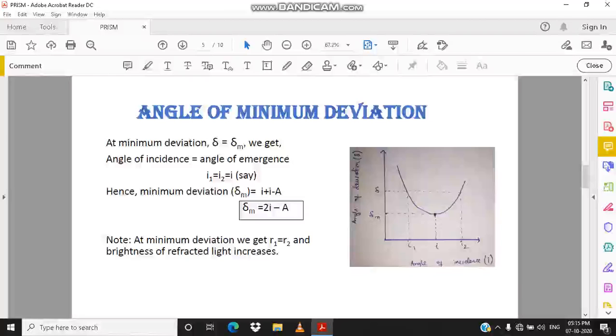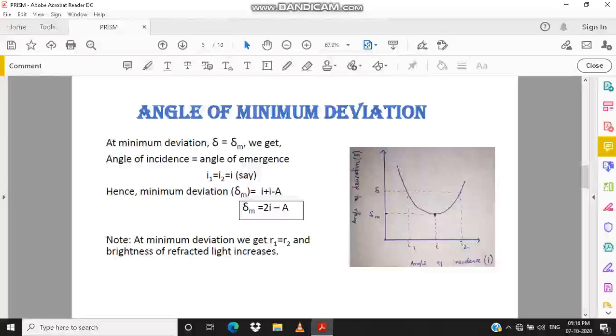So this is a graph showing how we calculate the value of angle of minimum deviation. What we do is simply pass light on a prism. The light is incident on a prism, and then we measure the angle of deviation.